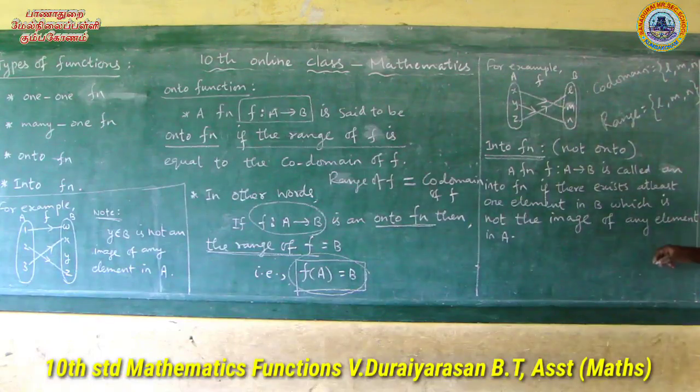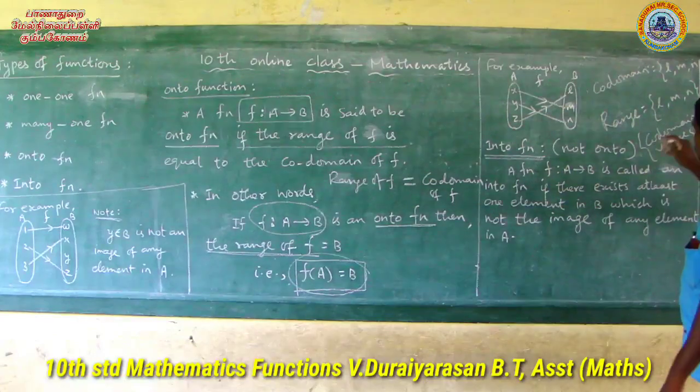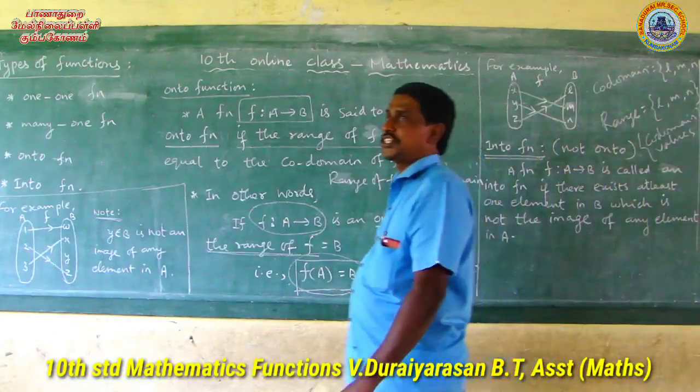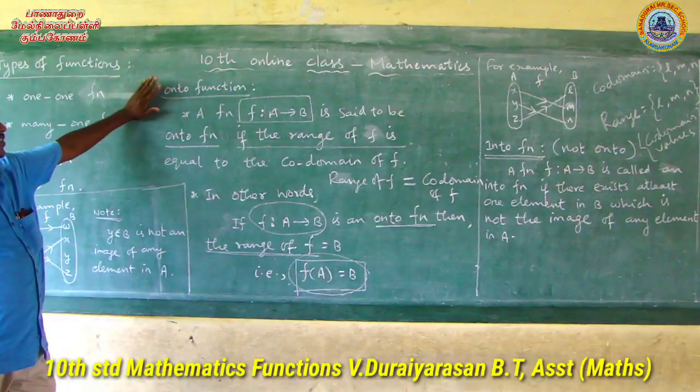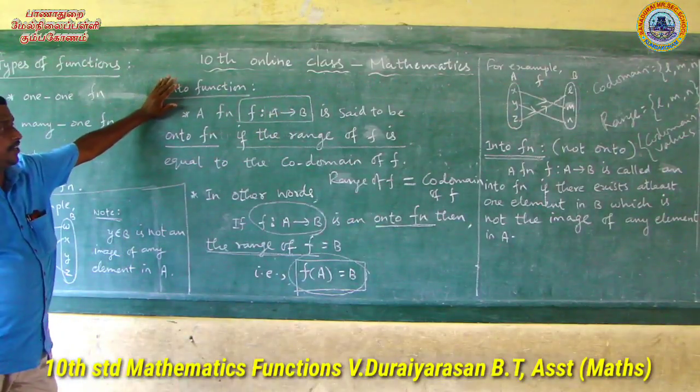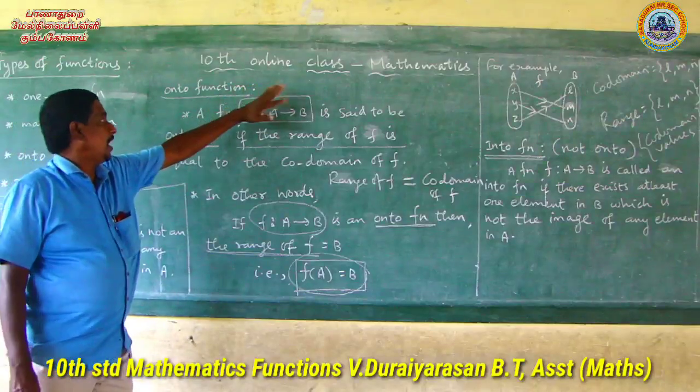Codomain is equal to range. These two are equal, satisfying range equals codomain. The given function is called an onto function. Okay? This is an onto function.